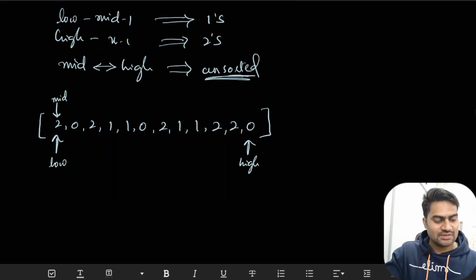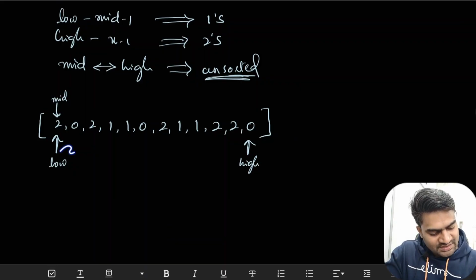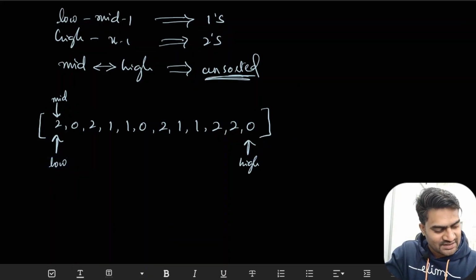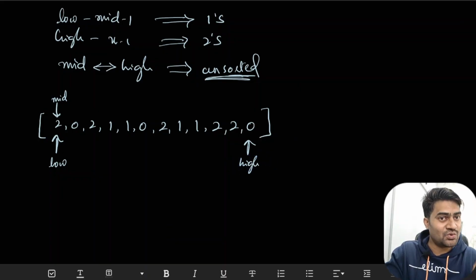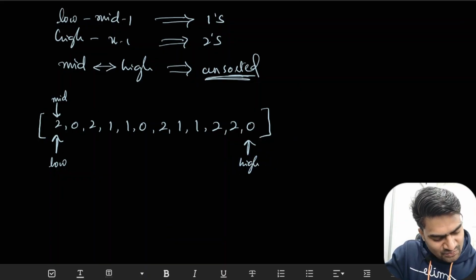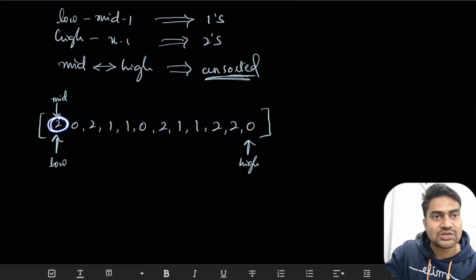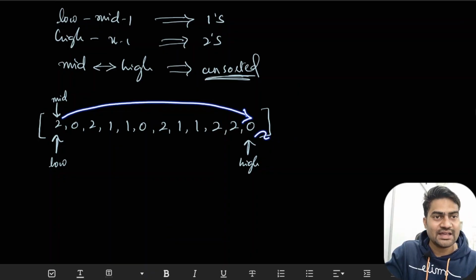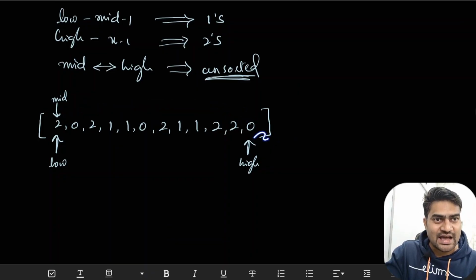Okay, now what we understood, this pointer points to the index where our 0 should come and sit, correct, right? This is the pointer where our 2 goes and sits. Now if you see, we get 2. Our mid is pointing at 2 because this is the first element it is trying to process. So if I have gotten 2, then I will simply swap this with my element at the high pointer.